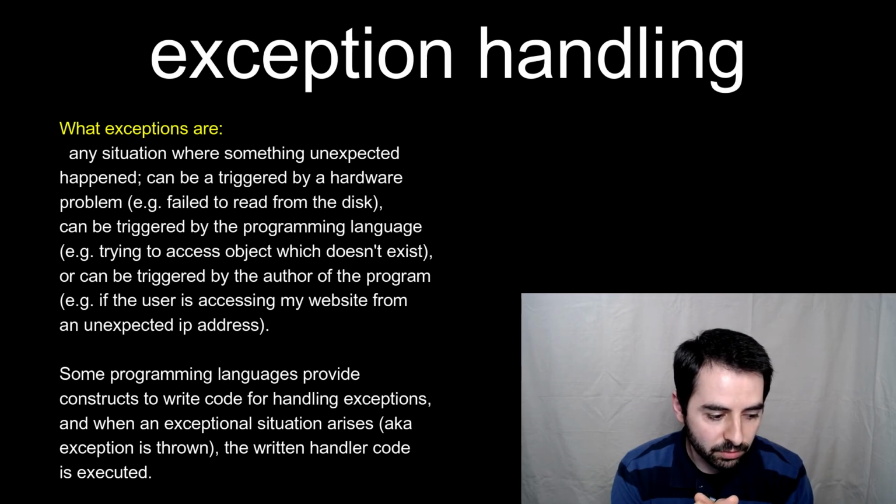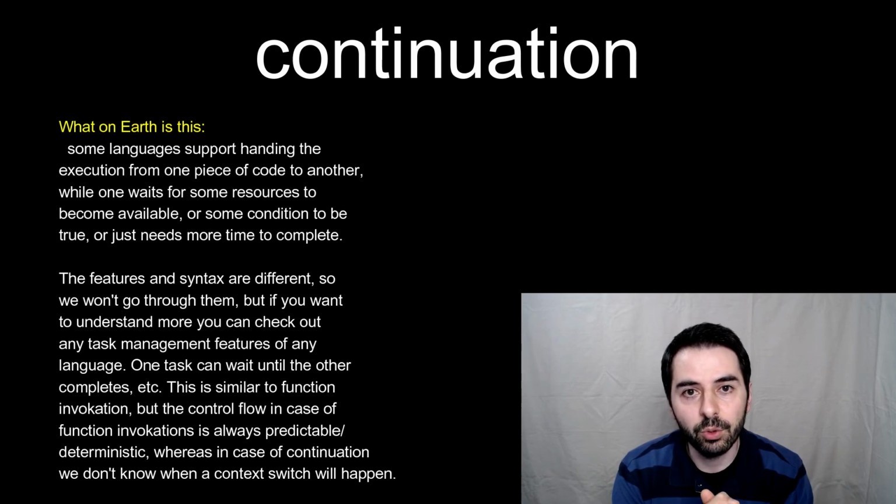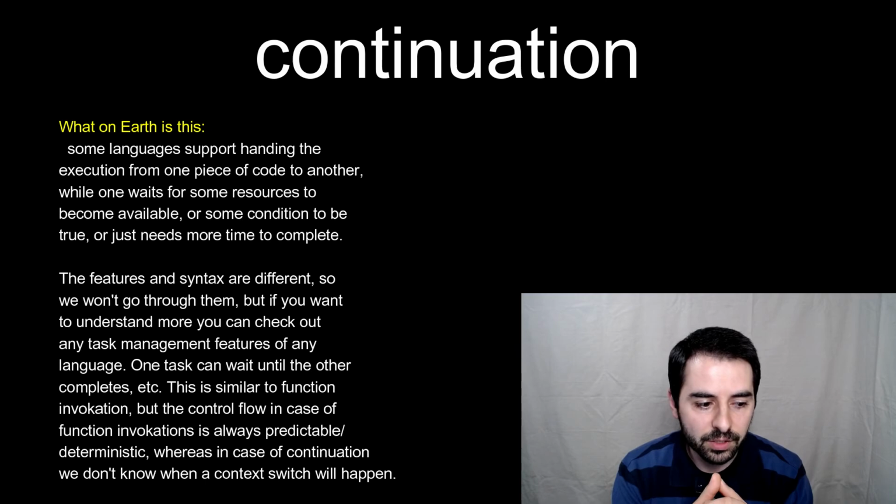So this is another group, and the last one I wanted to talk about is the continuation. Some languages provide special constructs for switching context between different pieces of code, which run based on some conditions, or they can run in different threads.